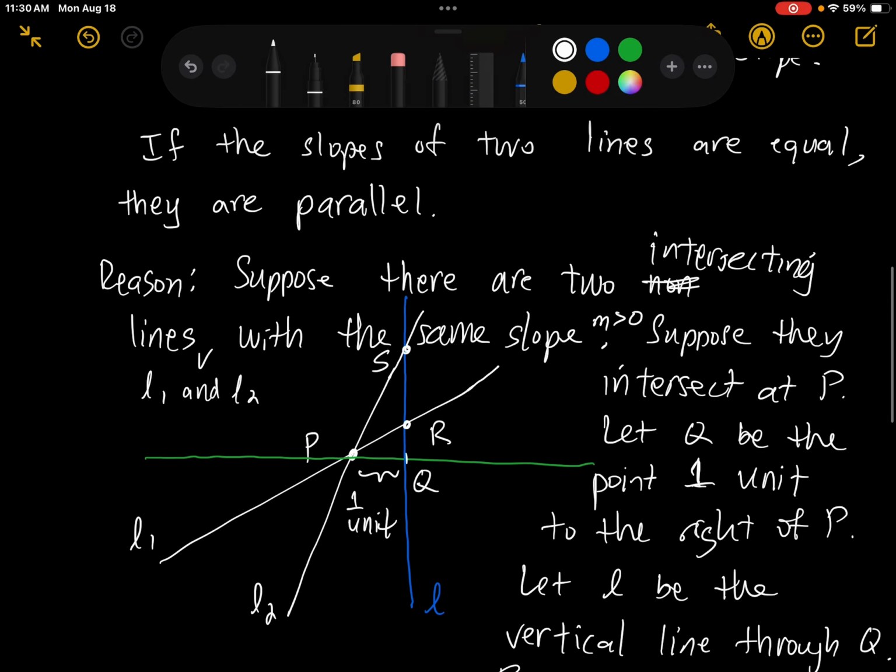And we assume that L1 and L2 are not the same line. So that's the contradiction.